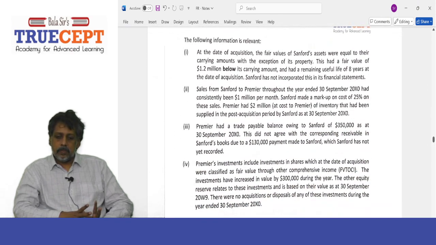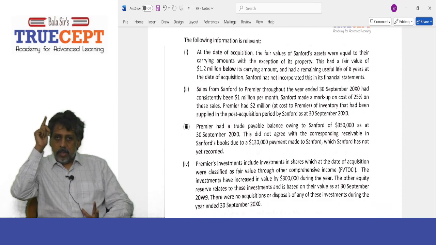The following information is relevant. Number 1. At the date of acquisition, the fair values of Sanford's assets were equal to their carrying amount with the exception of its property. This had a fair value of $1.2 million below its carrying amount.